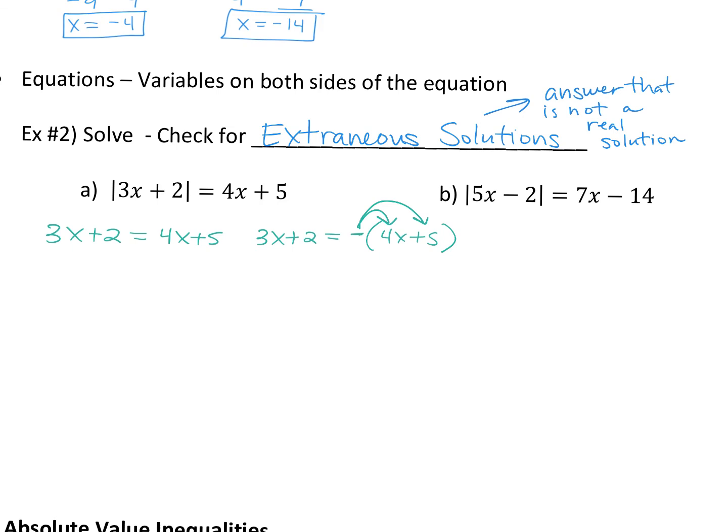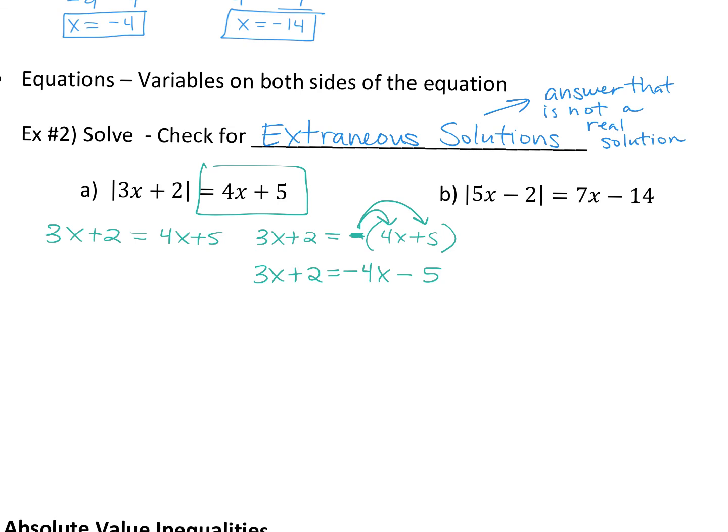The negative right here? Yeah. I'm saying that negative is changing all of your signs. So what started as 4x plus 5 is going to become negative 4x minus 5, right? So this is 3x plus 2 equals negative 4x minus 5. So you're solving this and this. Does that make sense? Make the entire right side the opposite of what it is.